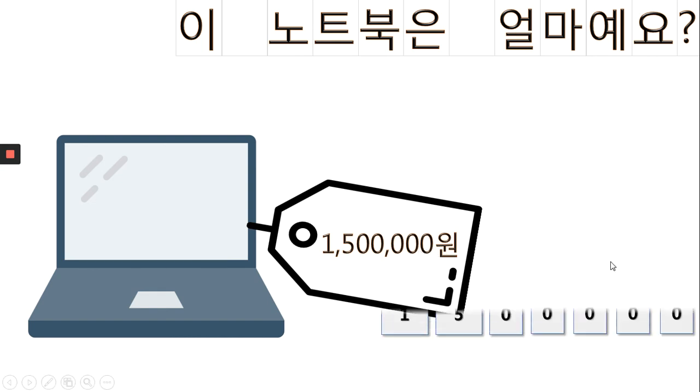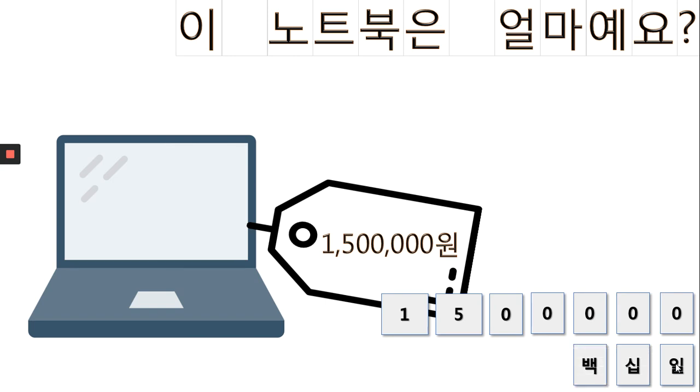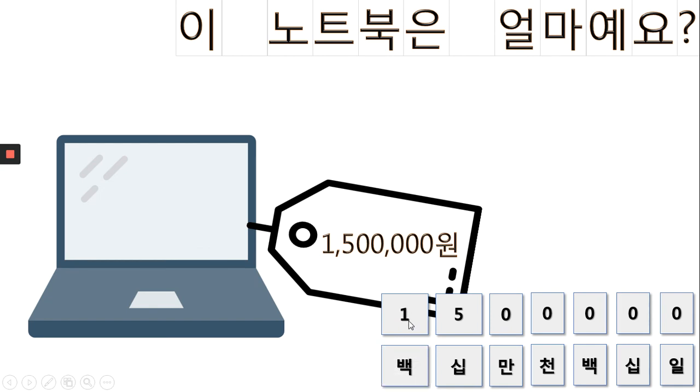So look at this. Oh, this is 1,500,000, right? Of course this is 0, but let's say this is 1, okay? So 1, 10, 100, 1000, 만. How about here? How do we call this? This is 10만. How about this one? 100만.